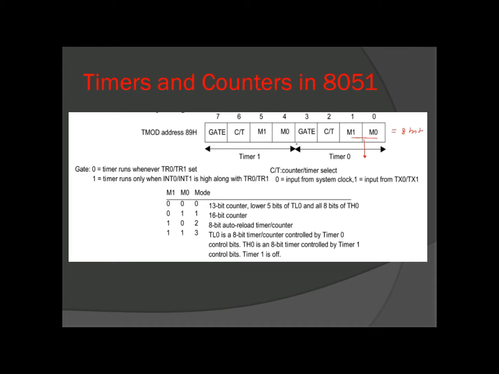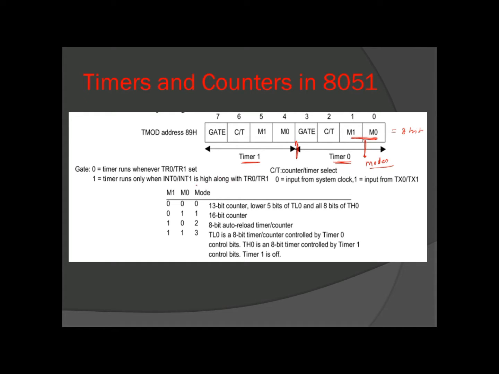You can see the 8 bits can be divided into two parts: the lower 4 bits for timer 0 and the upper 4 bits for timer 1, whereas the bits for timer 0 and timer 1 are functionally the same. Considering timer 1 as timer 0, the bits M0 and M1 correspond to the modes of the timer.